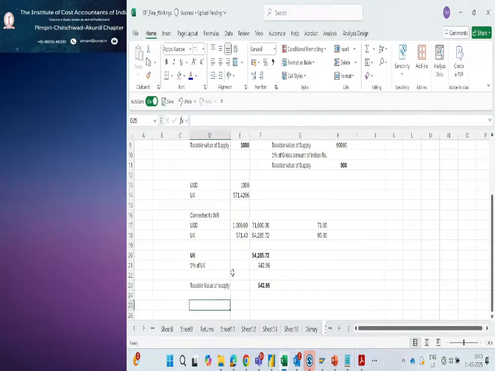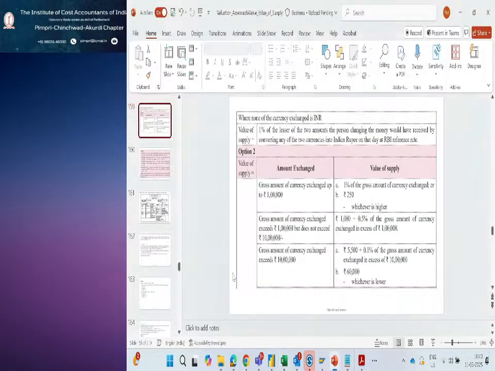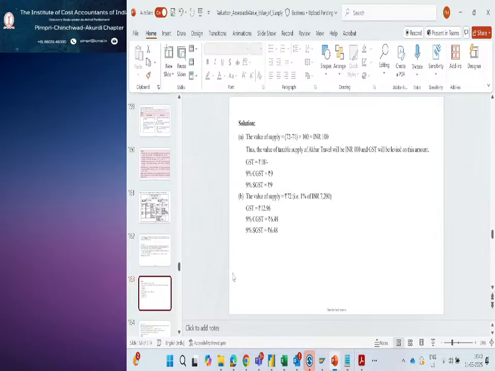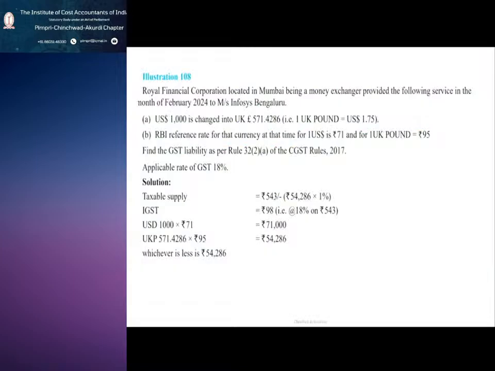Why are we considering IGST? Because both are cross currencies, none is INR. On this, 18% gives 97.71, so they have considered it as 98.